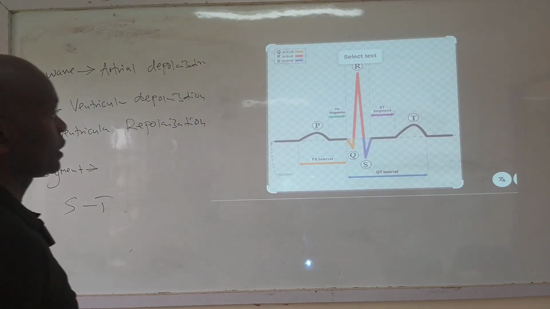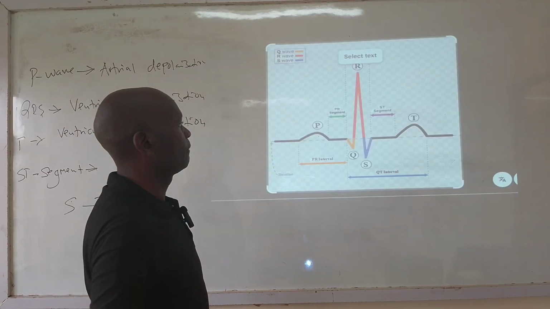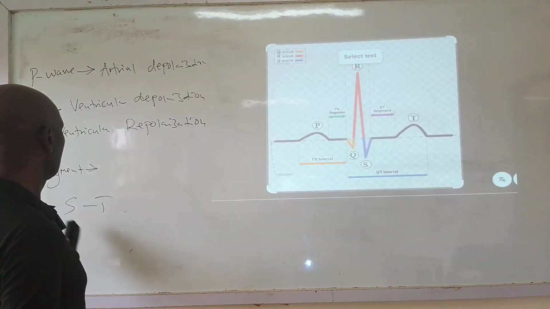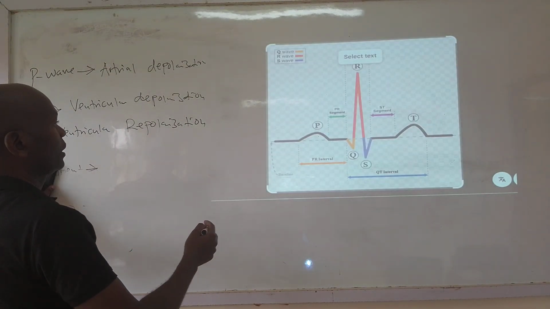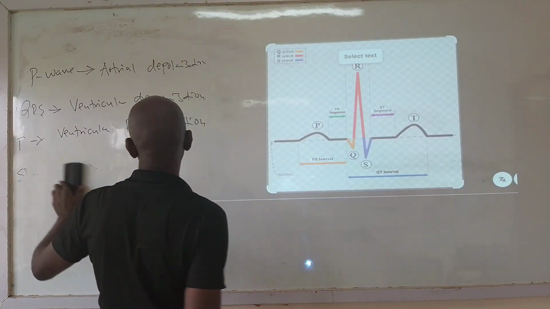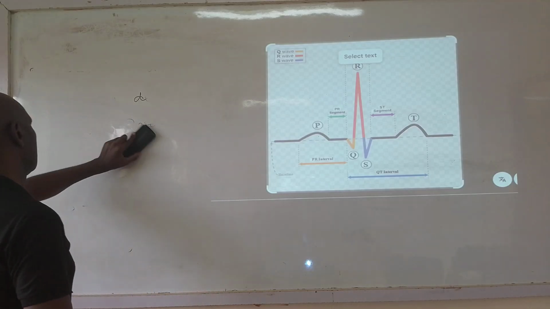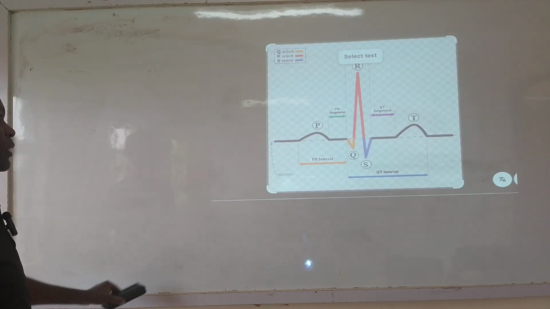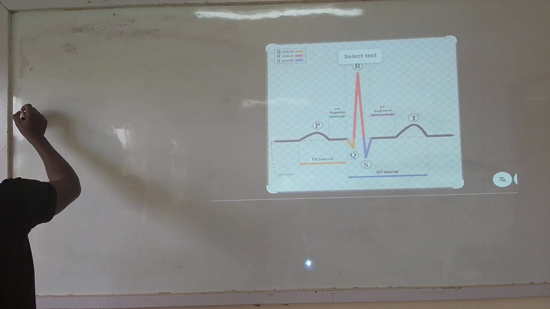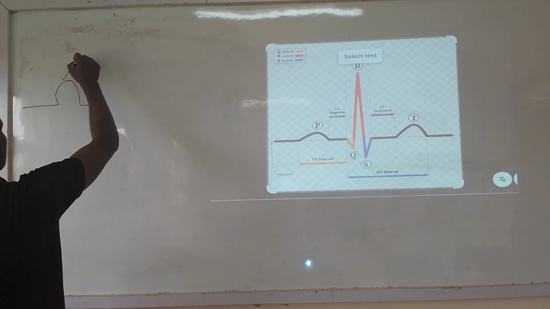So this diagram shows us this is the P wave here. Then this is Q here, R, then S. So what normally happens, if I may draw here just to demonstrate these waves, this is a P wave.